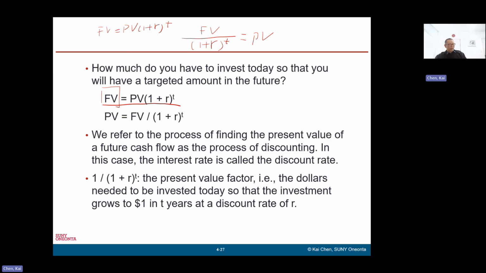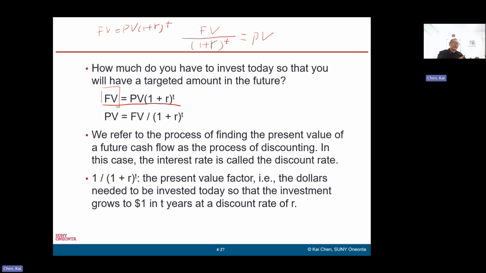So we call this the present value formula. With this formula, we can find out the present value. We refer to this process of finding the present value of a future cash flow as the process of discounting. If we know the present value and we want to find out the future value, we call it compounding.